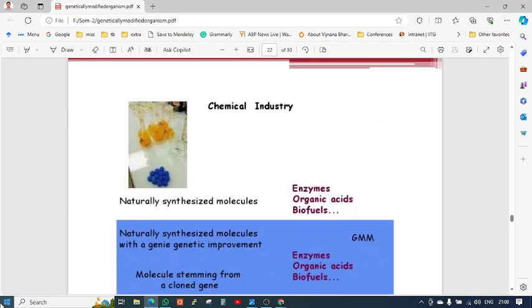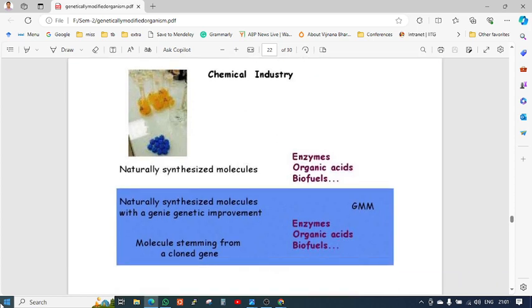Then the third utilization of GMO is in the chemical industry. In the chemical industry also, naturally synthesized molecules are replaced by GMO within a short period of time. Different enzymes, organic acids, and biofuels are also produced by GMO. We have already studied what biofuel is. Do you remember biofuel?